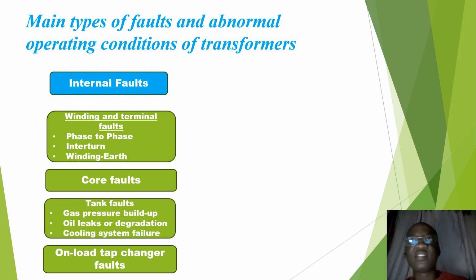We do this in order to vary the voltages to compensate for power fluctuations in the system. Doing this leaves the transformer vulnerable to wear and damage of the contacts or mechanical faults. So that's something we have to look out for as well.